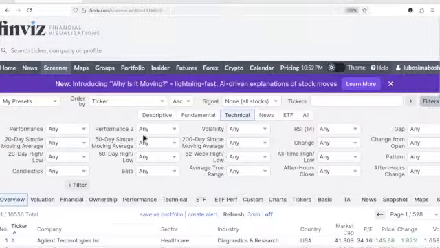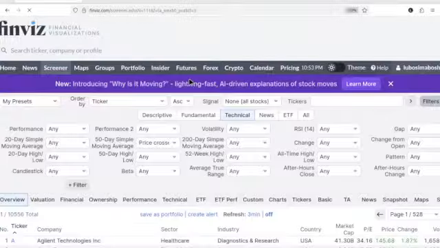So the first thing we're going to do is we're going to come here. Then here we're going to say price crossed 50 SMA above, right? That's the first thing we're going to do.